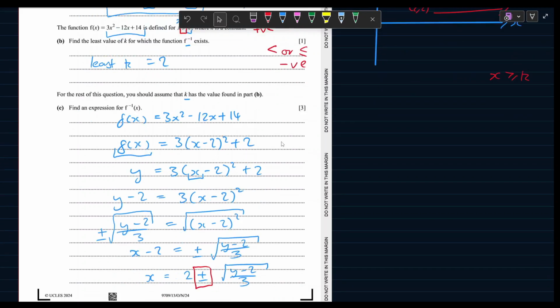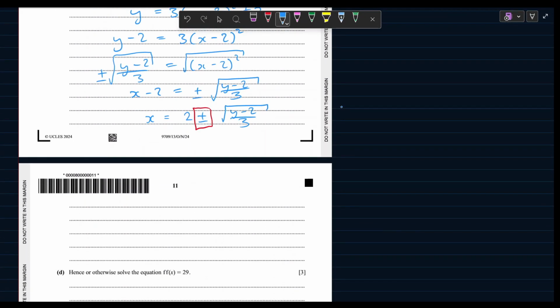So in this case, we're picking the positive sign. So we can conclude that f inverse of x is equal to 2 plus the square root of (x minus 2) over 3. And this would be your final answer.